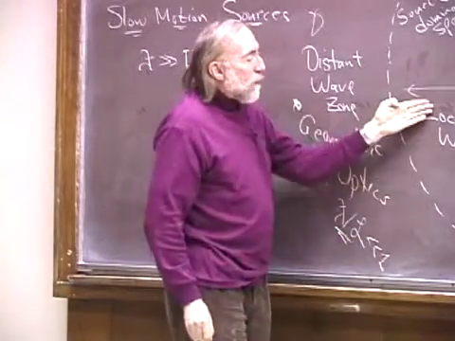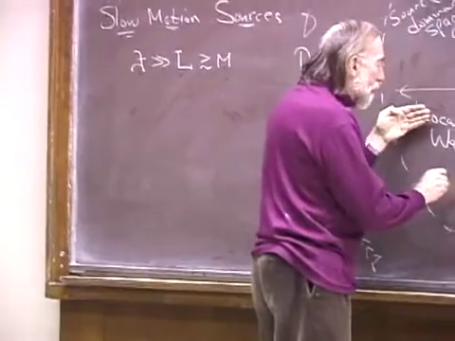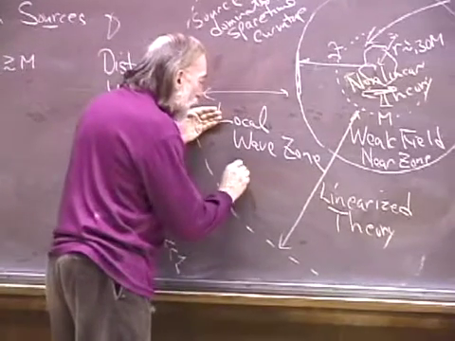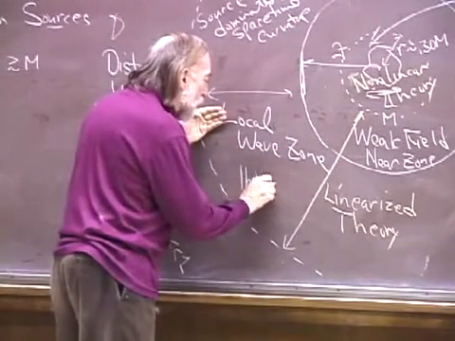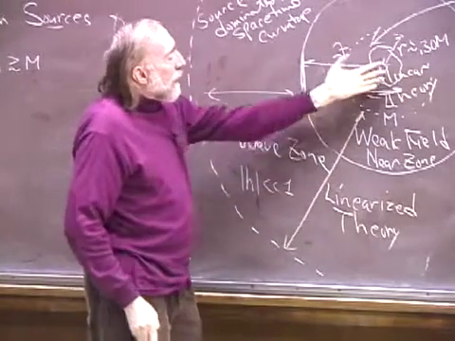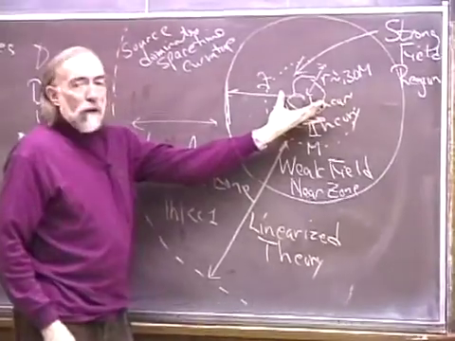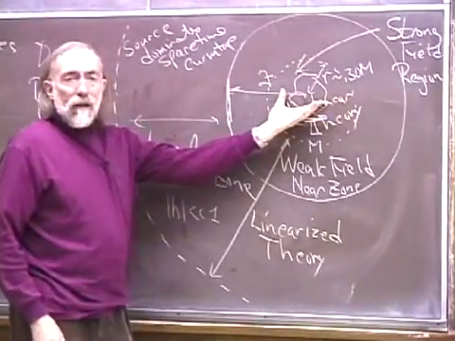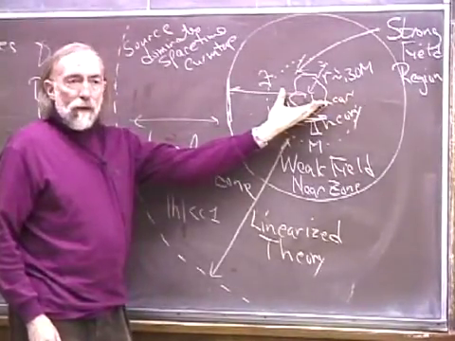In the local wave zone and weak field near zone, you do an expansion in the metric perturbation, h, which is small compared to 1. And then in the nonlinear region, the strong field region, you have to do something else, and that's what I will talk about a little bit at the end of the term.